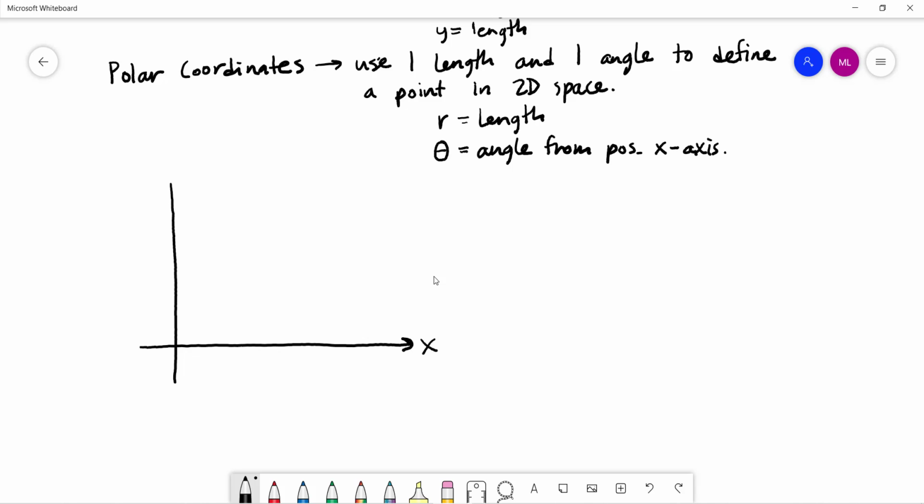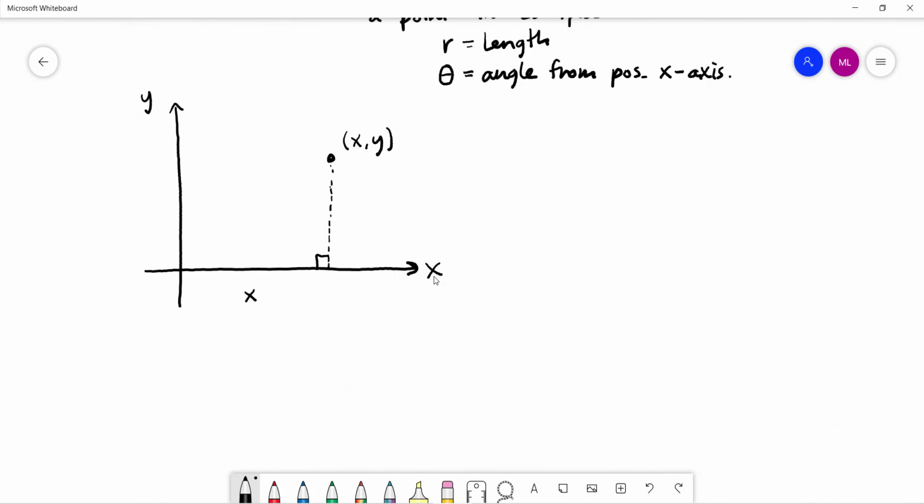If these are my x and y coordinates, and this is the point I'm interested in, the point x comma y, what that means is to get to that point in Cartesian coordinates, we go a distance in the x direction, so this distance, and then we go another distance in the y direction. In polar coordinates, we're going to go just straight to the point, a distance r, out in this direction, and we're going to pick that direction based on this angle theta. So that is the relationship.